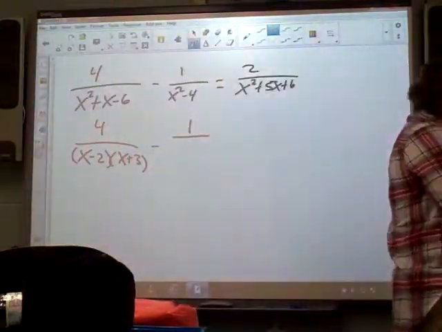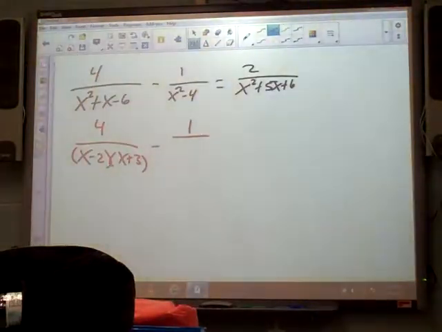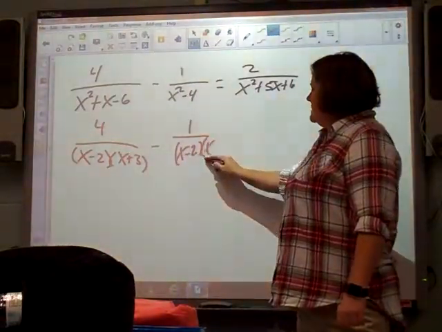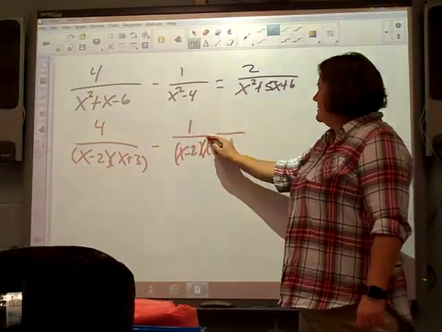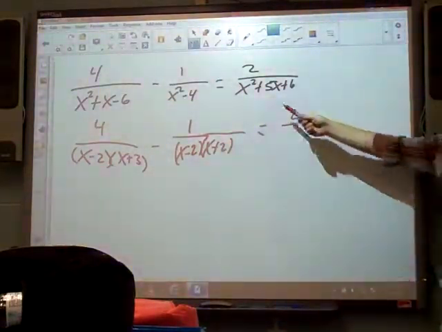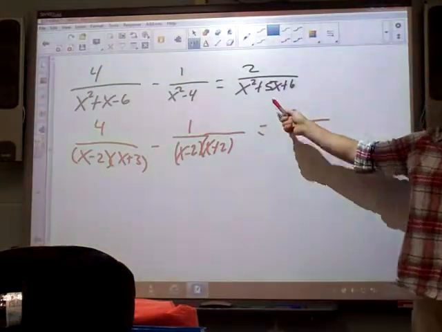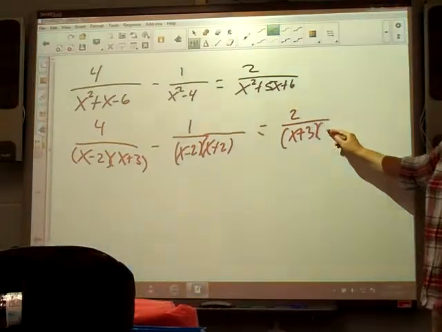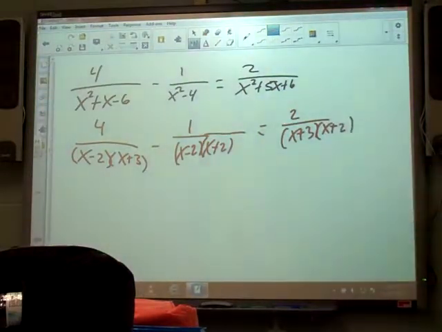Underneath the 1, how does that denominator factor? X minus 2 and x plus 2. Very good. It's difference of squares, x minus 2 and x plus 2. Alright, over here underneath the 2, I need factors of 6 that add to 5. 3 and 2.